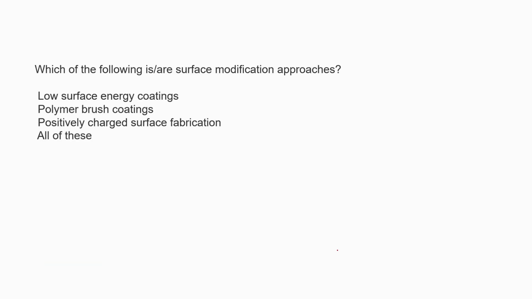Here is the next question. Which of the following is or are surface modification approaches? Options are low surface energy coatings, polymer brush coatings, positively charged surface fabrication, or all of these.